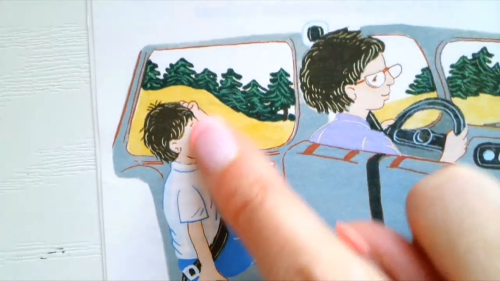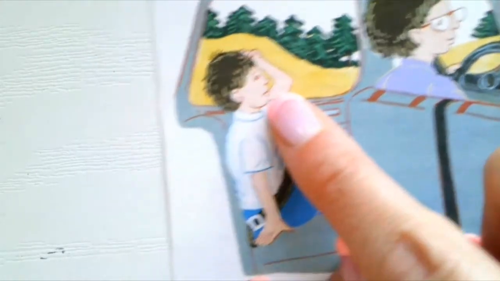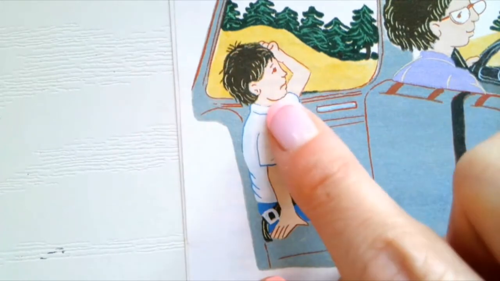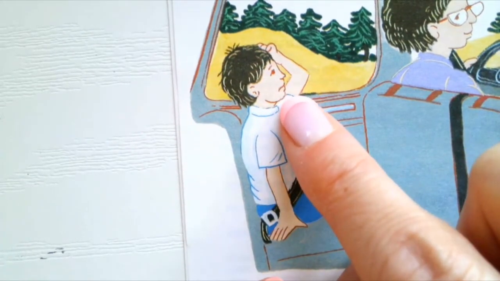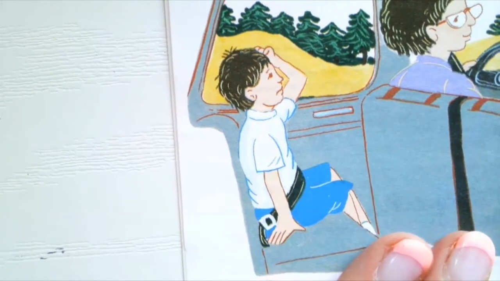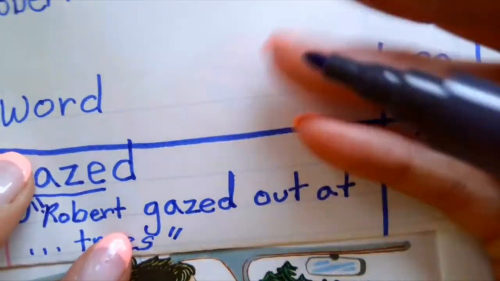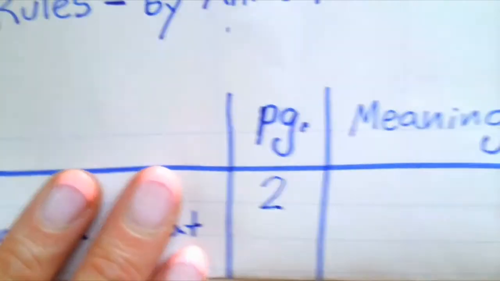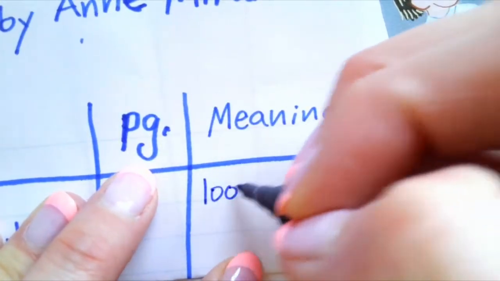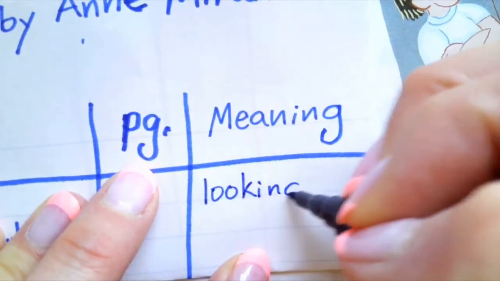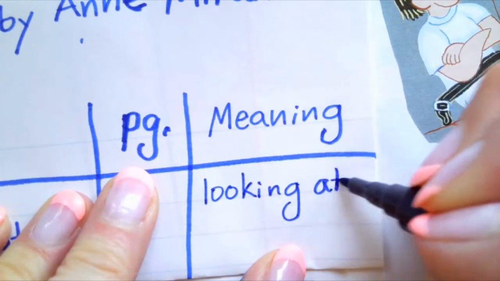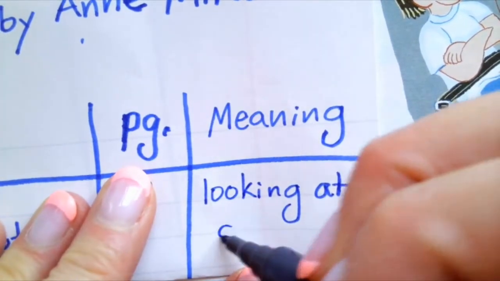Gazing could be looking out at the trees. And do you see how he's looking? Does he look very happy? He looks kind of quiet, maybe a little sad about something. So maybe gazing is a kind of looking. And it might be something you're doing quietly.